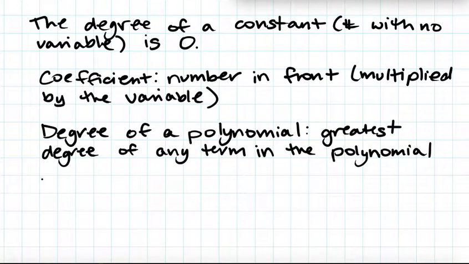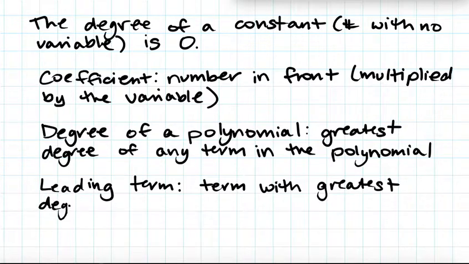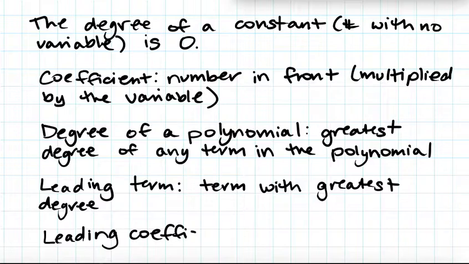Next, we have leading term. Leading term is the term with the greatest degree. So this is the term itself. And lastly, we have leading coefficient, which is the coefficient of the leading term.